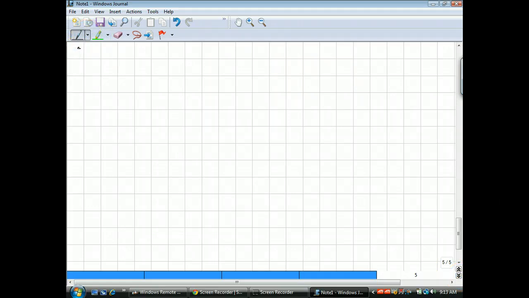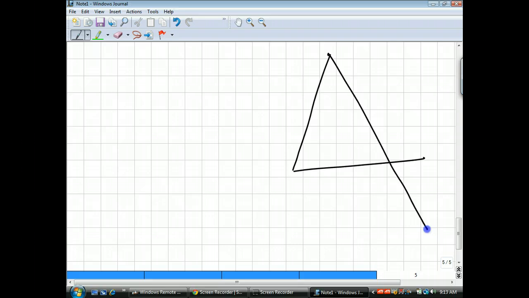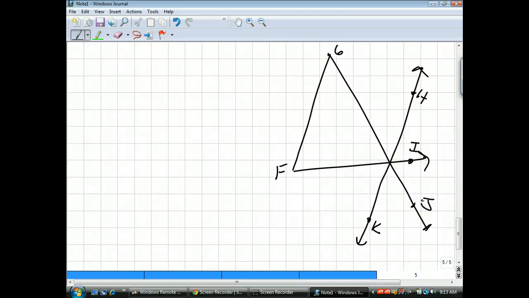Okay, so in this case, I have this diagram. Okay, this is G, this is F, this is K, this is H, this is I, and this is J. And we have angles 7 and 5, 6, and 8.